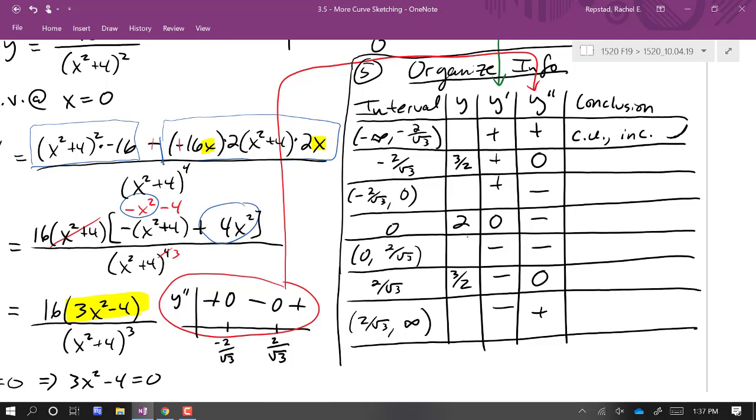A maximum, because of the plus sign and then the negative sign afterwards. I would agree with you if that existed in the other column, but that's in the second derivative column. It's an inflection point because the sign changes. So the sign change tells us something. It's just not a max. It's an inflection point.